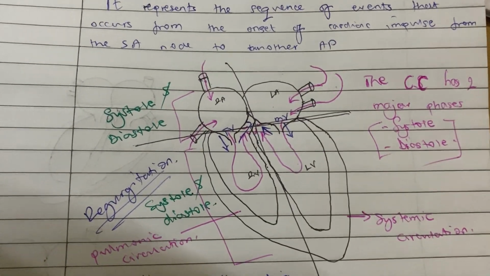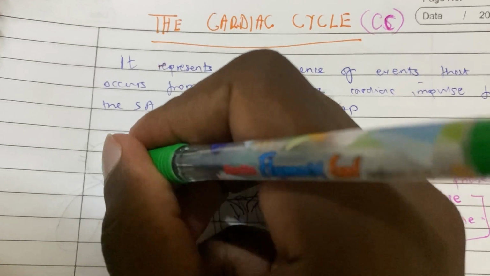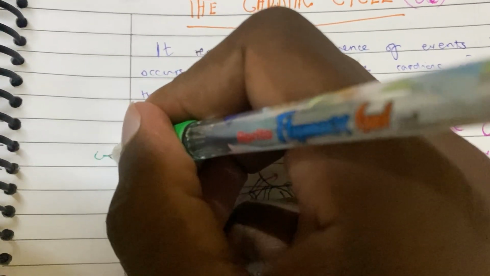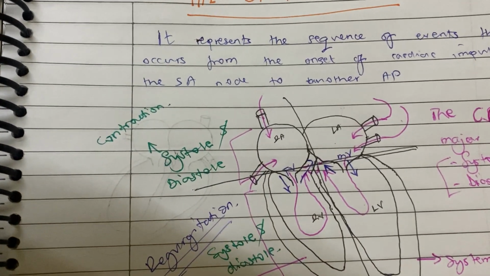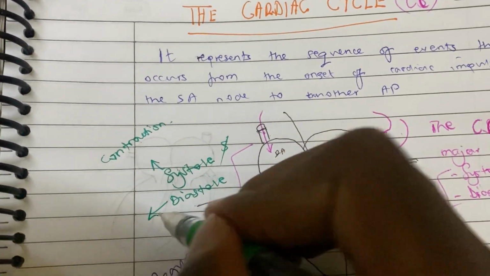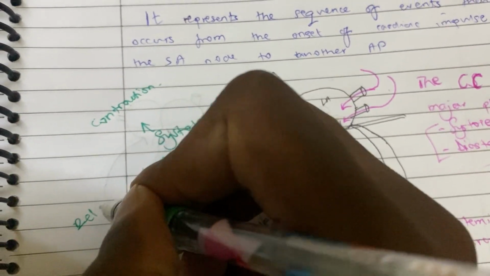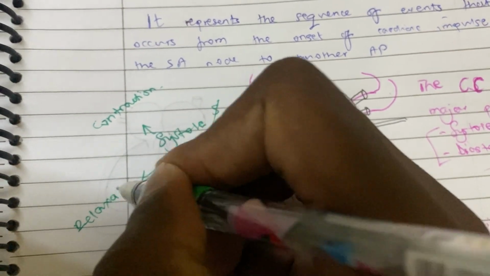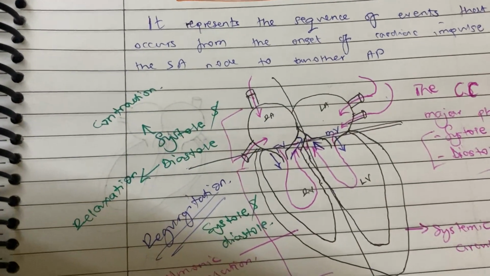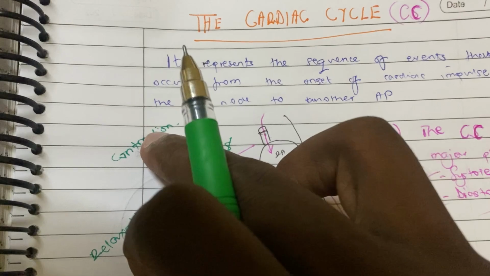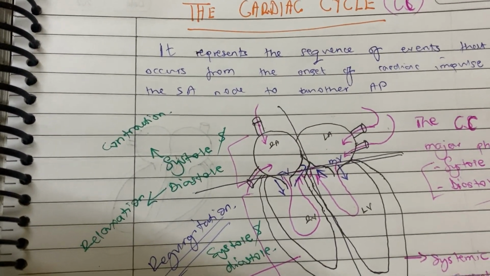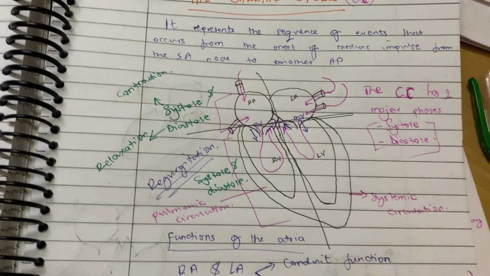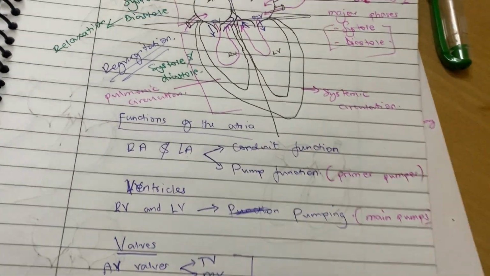What is systole? Systole is what we call contraction, and then diastole is what we call relaxation. Systole is contraction, and then diastole, relaxation. Simple. We just give them new terms here.